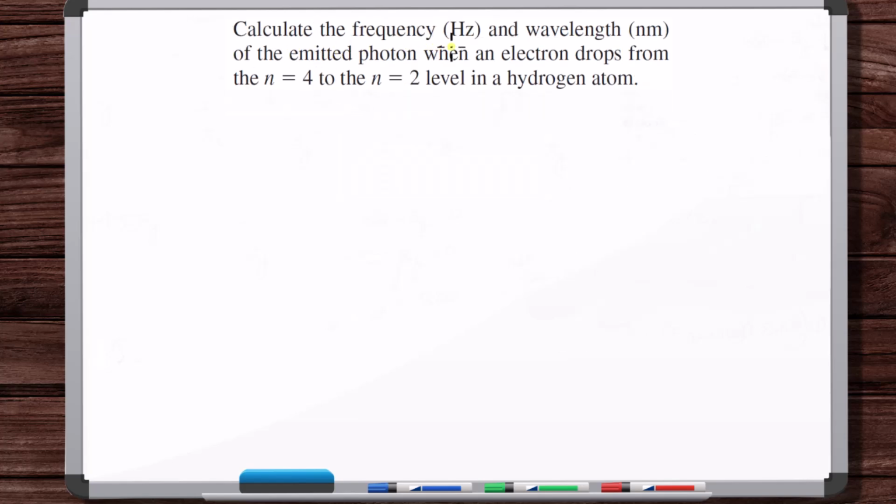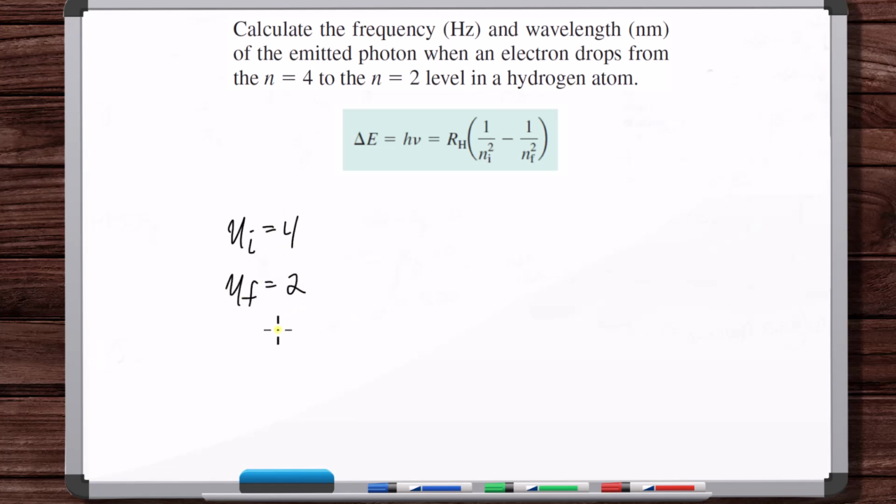Calculate the frequency and wavelength of the emitted photon when an electron drops from the n is equal to 4 to the n is equal to 2 level in a hydrogen atom. Okay, so we just use this formula. We've got n initial is equal to 4, n final is equal to 2, and then R sub h is equal to 2.18 times 10 to the minus 18 joules.